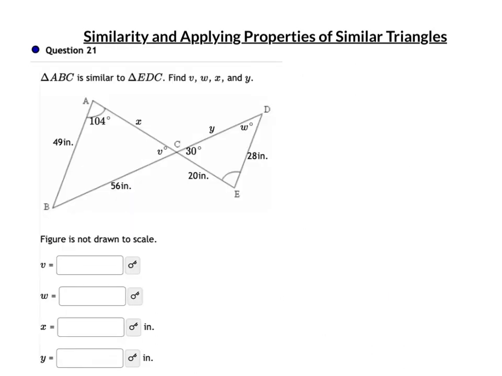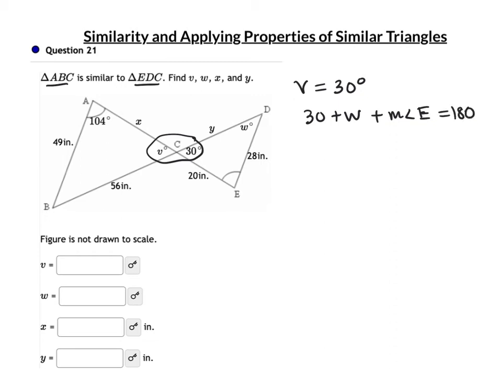In question 21, they tell us the triangles are similar. They've marked the angles. We know that these two angles are vertical angles. So that tells us that V is 30 degrees. We know that 30, W, and the measure of angle E add to 180.